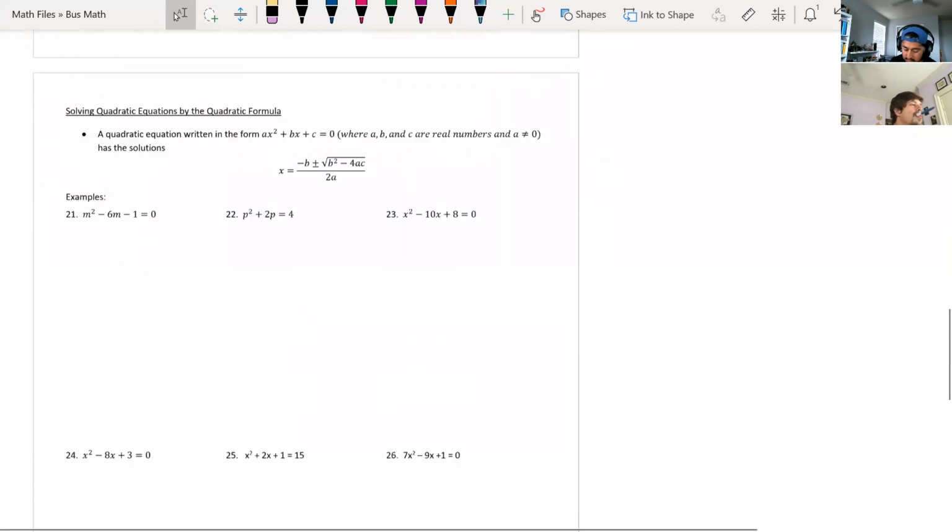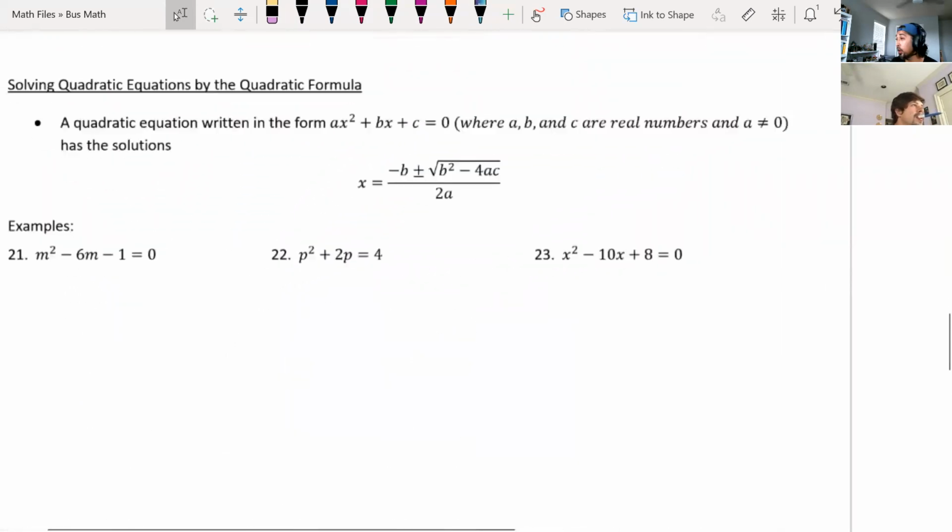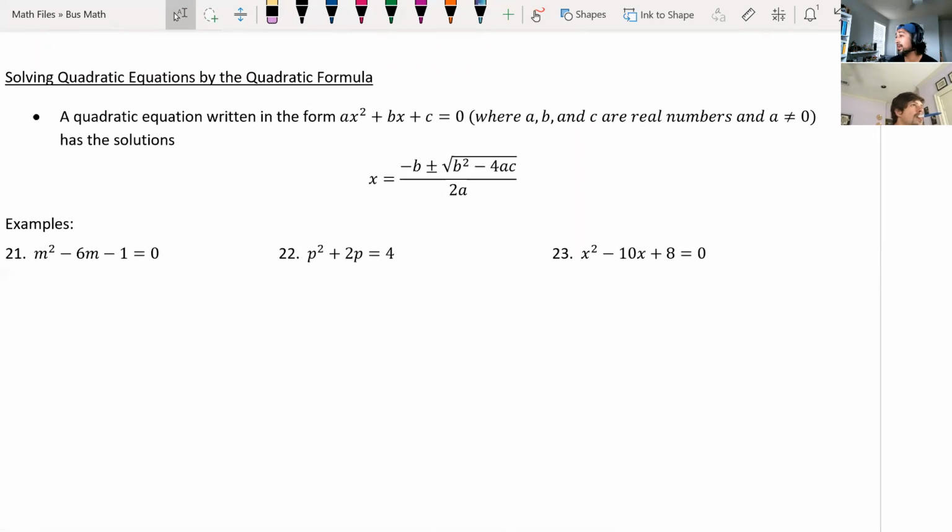And then the last way to solve quadratic equations is by using something you may know as the quadratic formula. Whenever we're given a quadratic equation, ax squared plus bx plus c, and we want to find the solutions to it, we can use the quadratic formula, which is x equals negative b plus or minus the square root of b squared minus 4ac all over 2a.